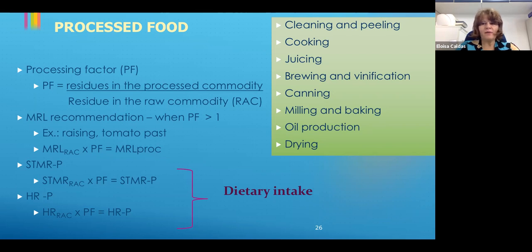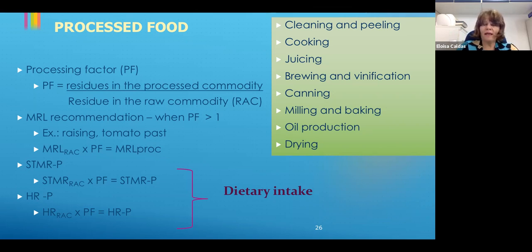These are very different processing procedures, because we really don't eat the wheat as it's harvested, but as it is traded. That's the same for other grains, for example maize, and many other grains. So that's why for grains, the processing studies are very important.